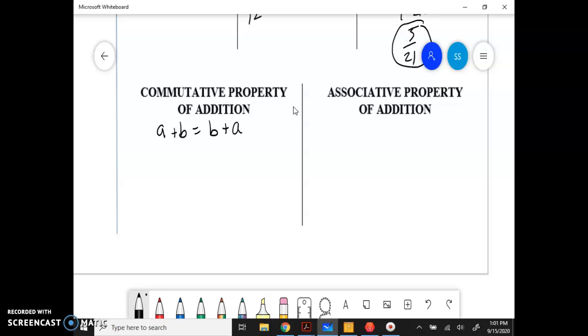That just means the order does not matter. So let's show an example of that. If we have 2 plus 5, we're going to get the same answer as 5 plus 2, right? They're both equal to 7. Okay? So order doesn't matter, commutative property.